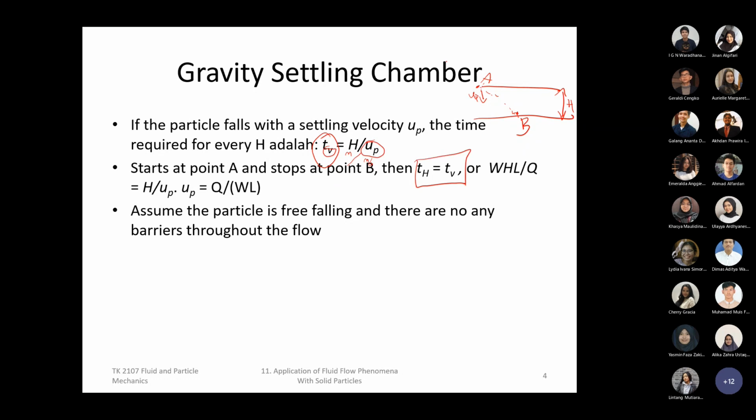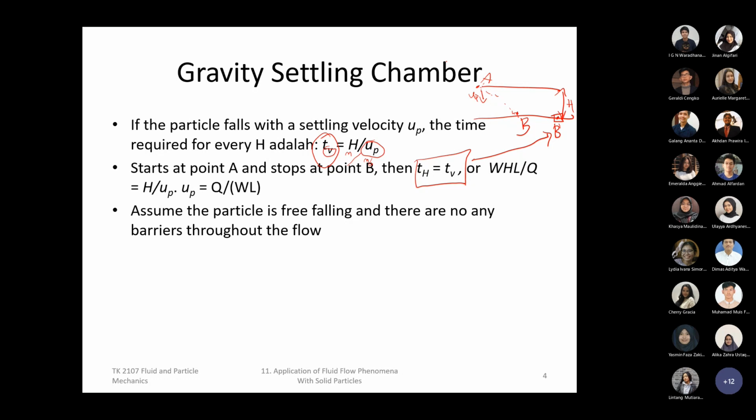If that's what happens, that means by the time it reaches the horizontal end of the chamber, it also gets to the bottom of the chamber in the vertical coordinates.